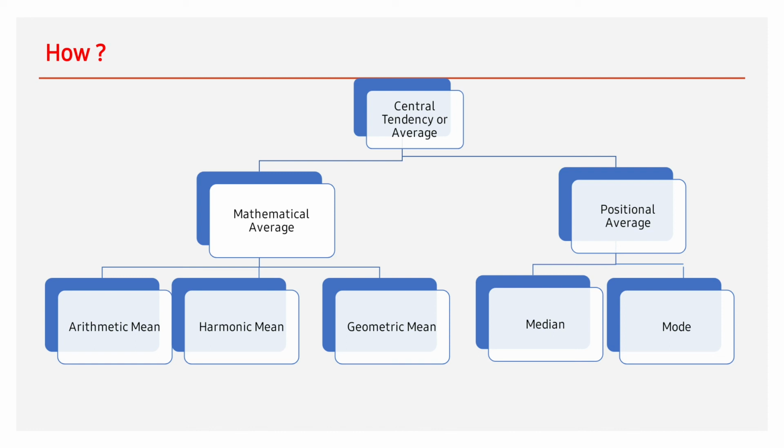Positional average is further classified into median and mode. Once a data has been collected, a researcher has a huge deal of information. He or she needs to make sense of this information, analyze, interpret, and determine how to present it in a meaningful way. A measure of central tendency helps for it.